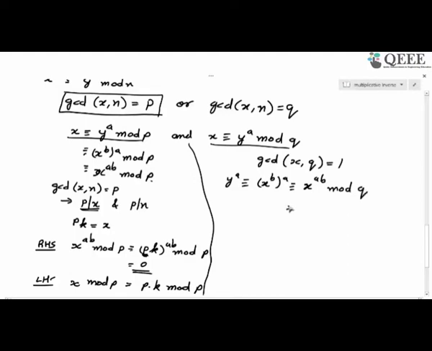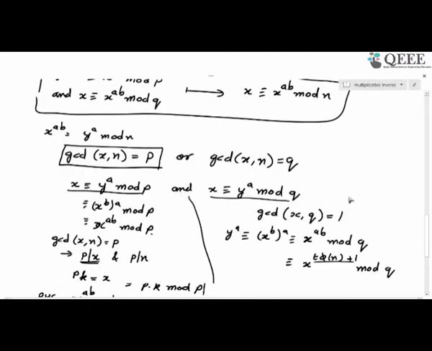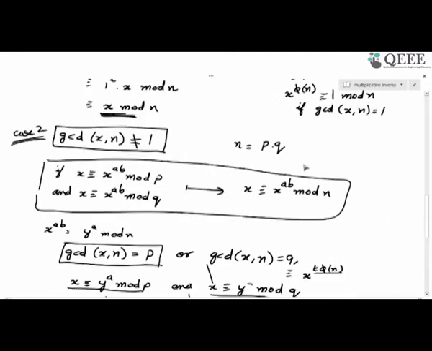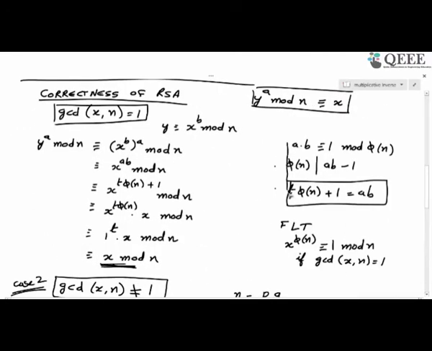This could actually be written as x to the power of t phi of n plus 1 mod q. So how did we get this? We are using the same notation we used previously, that a into b is congruent to 1 mod phi of n.